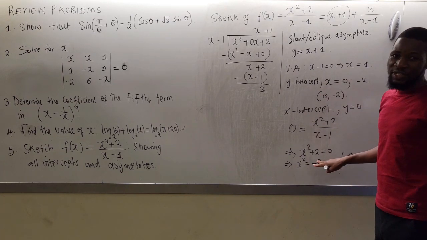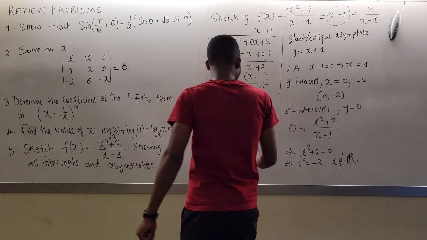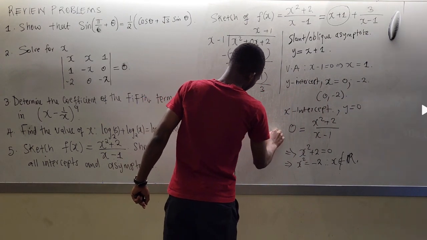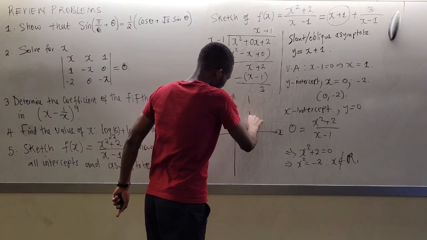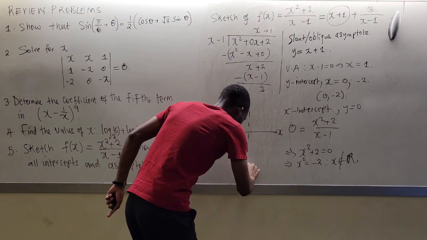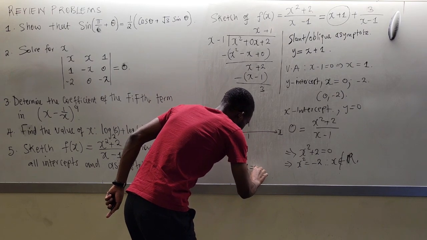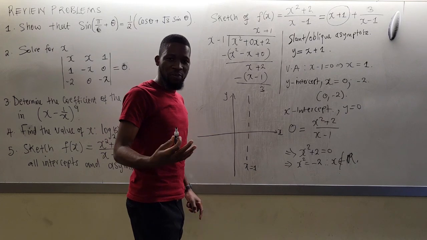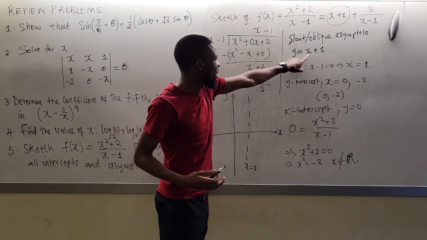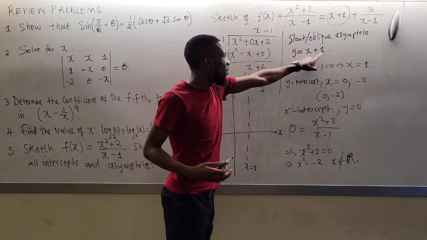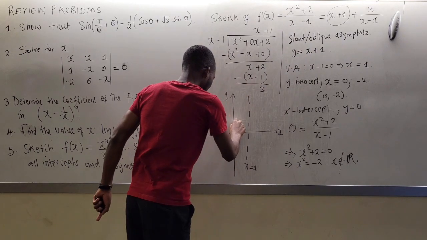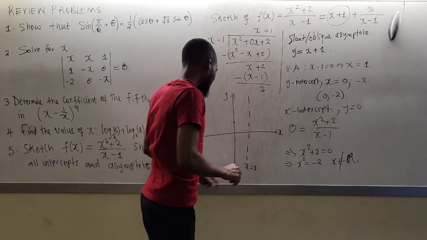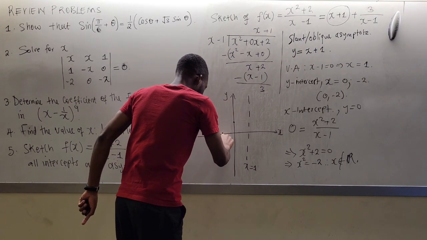Now let us go ahead and sketch the graph. So this is our vertical asymptote, x is equal to 1. Now we can put the slant asymptote. You can see that when x is equal to 0, y is 1, so I have my 1 here, and when y is 0, x is -1, so I have my -1 here.